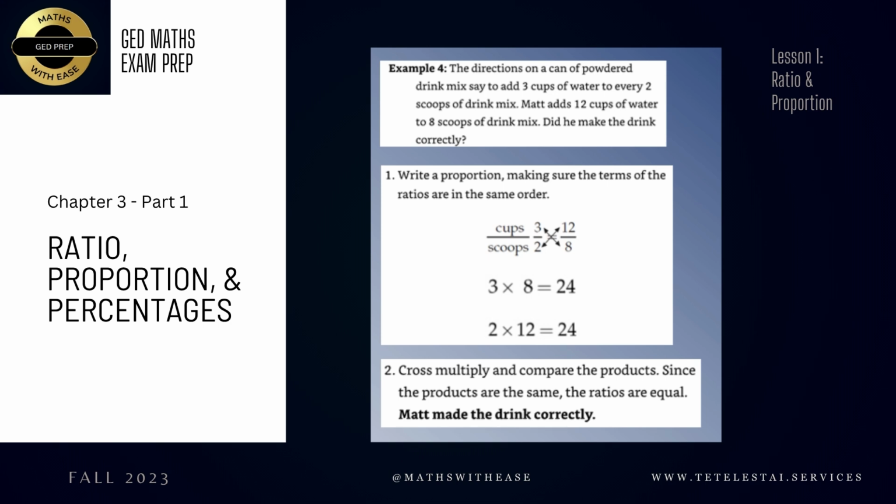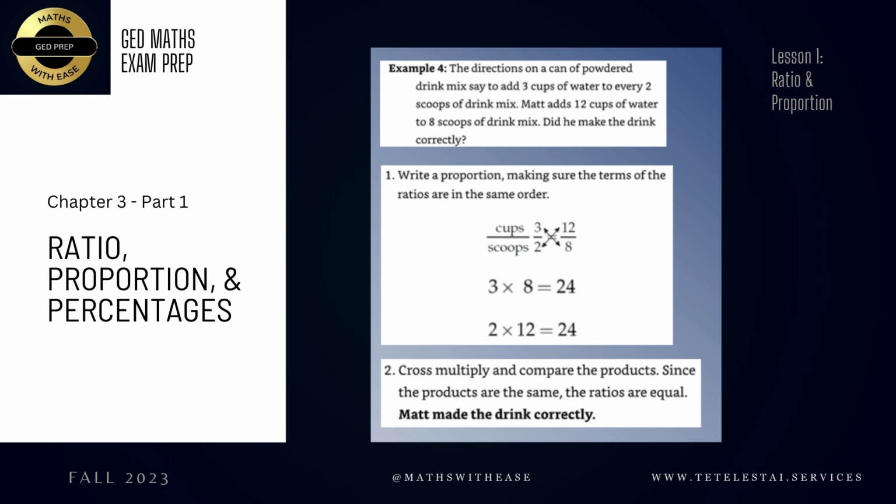And then it's saying that Matt adds 12 cups of water to 8 scoops, right? So these are the directions on the bottle, and these are the number of people, let's just imagine, that Matt is trying to share the drink with, okay? So 3 to 2 is equal to 12 over 8, right?